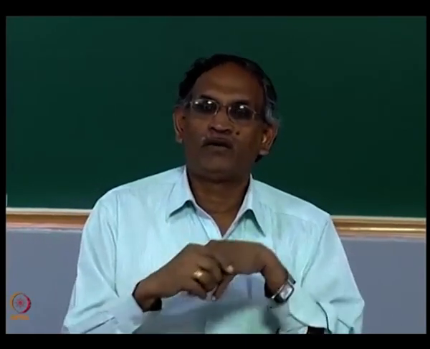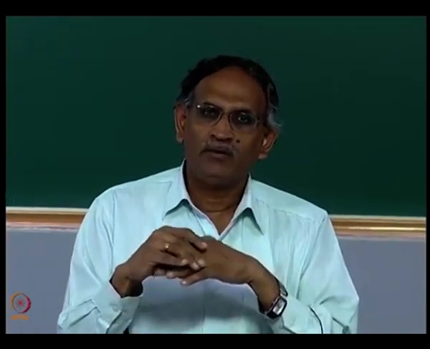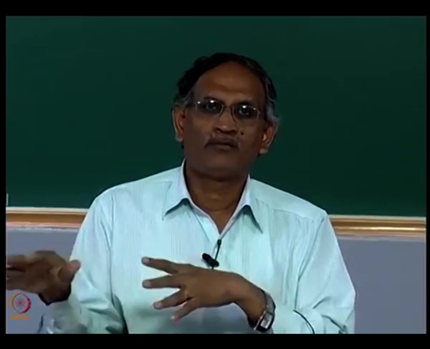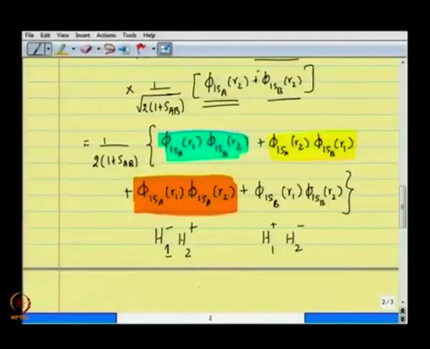Therefore, if we calculate the energy for the hydrogen molecule this way, we must expect an energy quite different from the experimentally obtained minimum, or what is called the exact minimum.